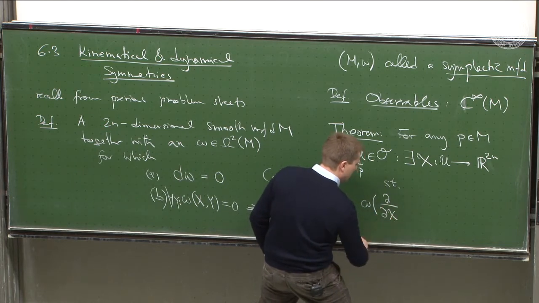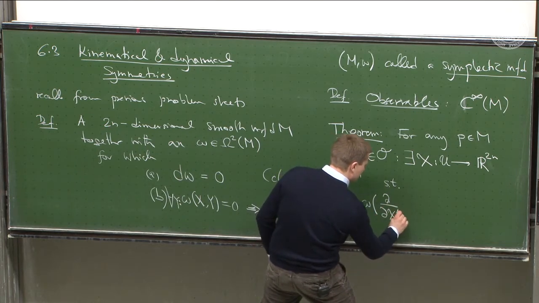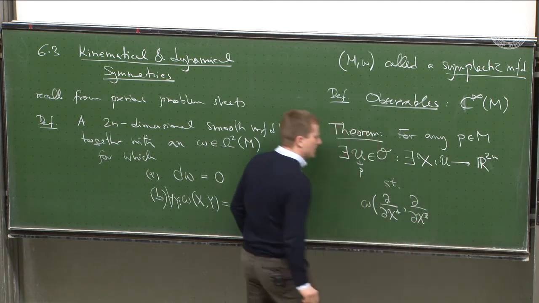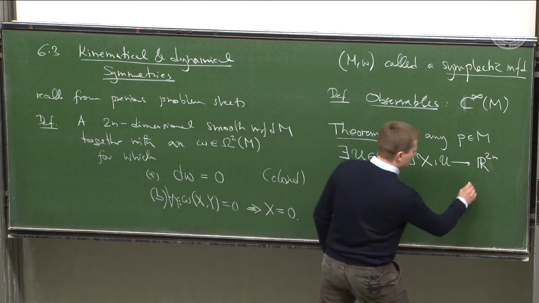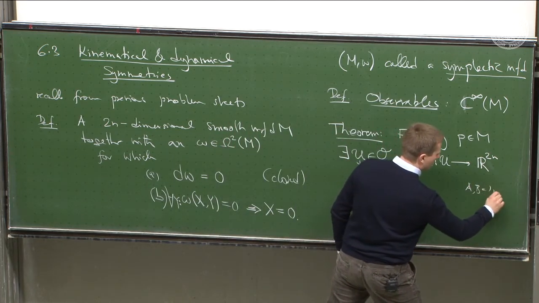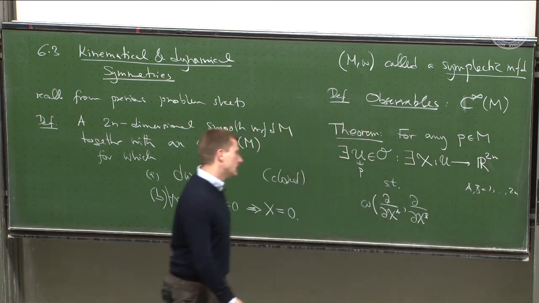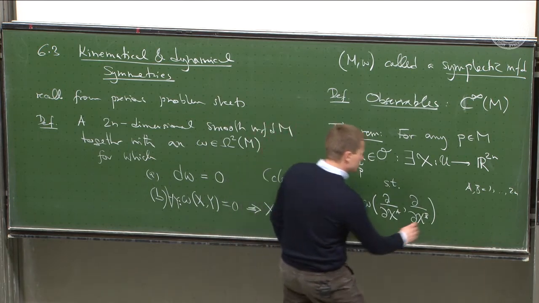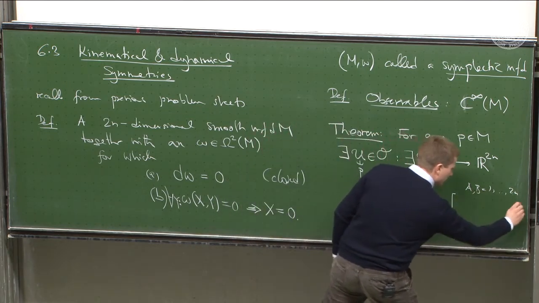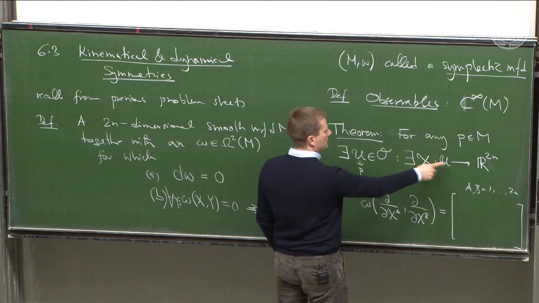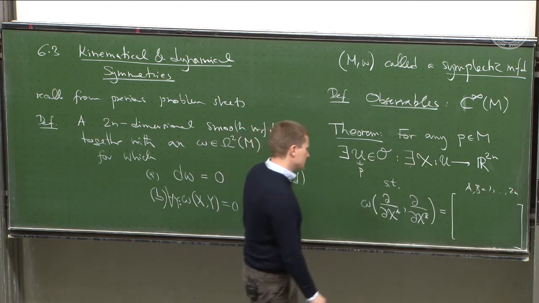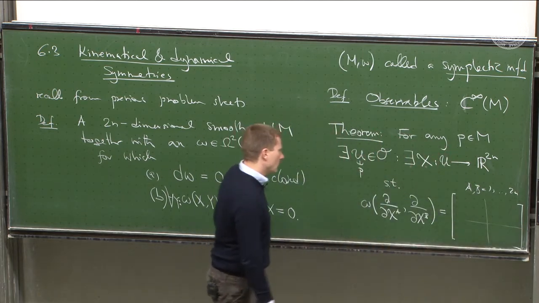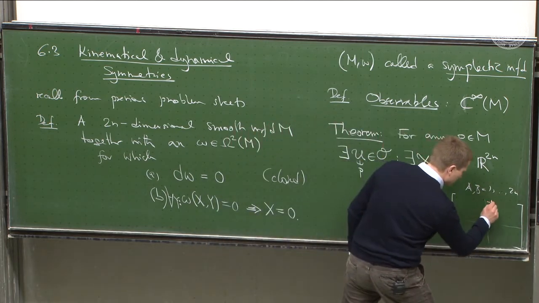So this is the psi. Let's write omega of the coordinate-induced tangent vectors, capital A comma capital B, where I label A and B from 1 to 2n. That's the statement of the theorem: there exist coordinates on such an extended region such that omega looks like this.